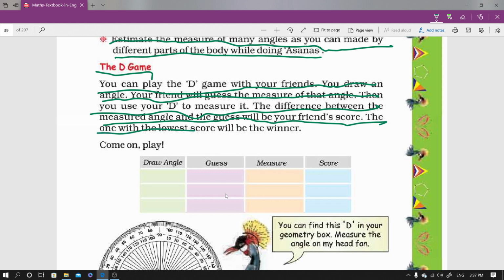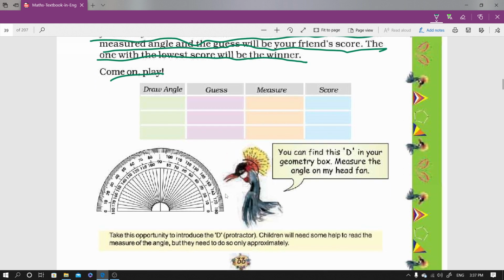The one with the lowest score will be the winner. Come play. You can find this D in your geometry box. Measure the angle on my head pen.